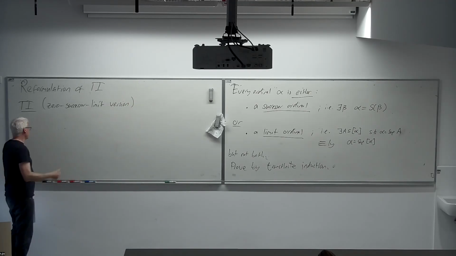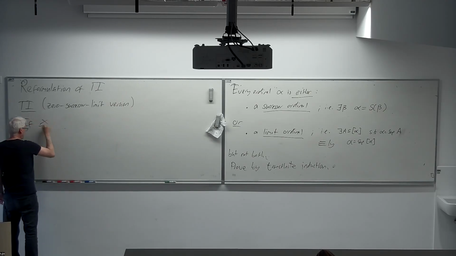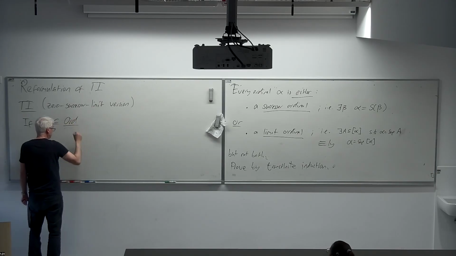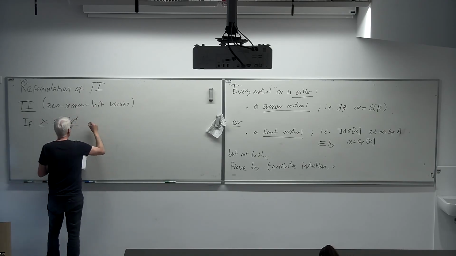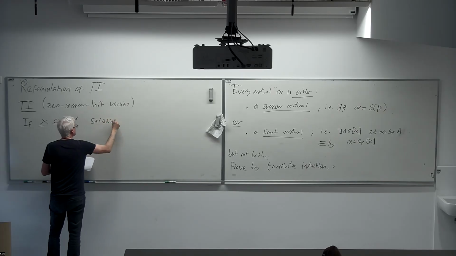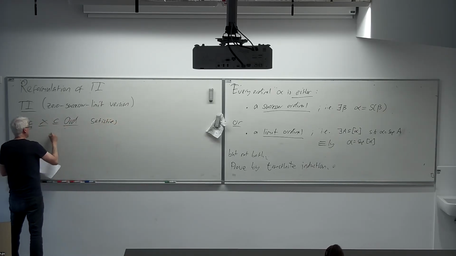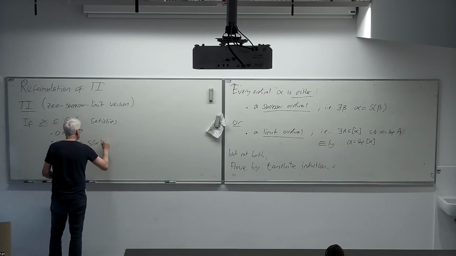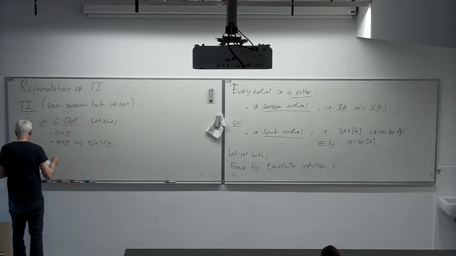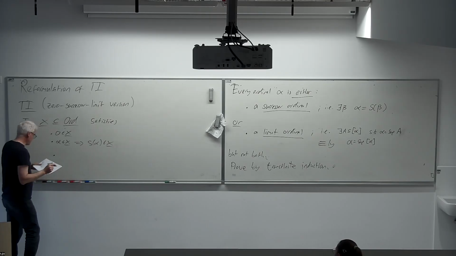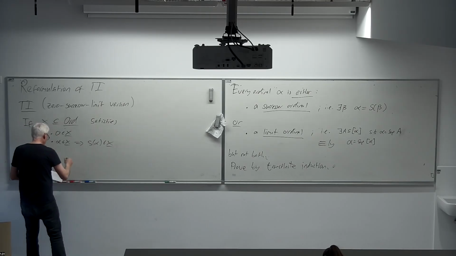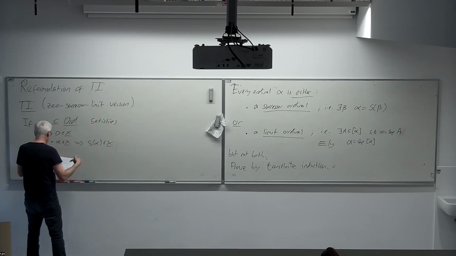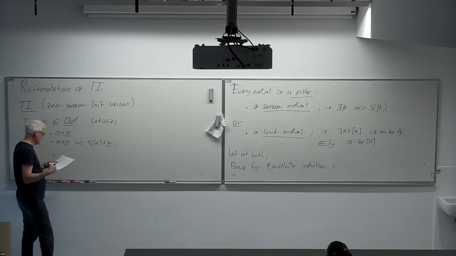So it's basically going to be similar to what we had before. If we have a class of ordinals, and if it satisfies that it contains zero, it's closed under successor, but in the third case, we simply ask for it to be closed under the supremum operation.